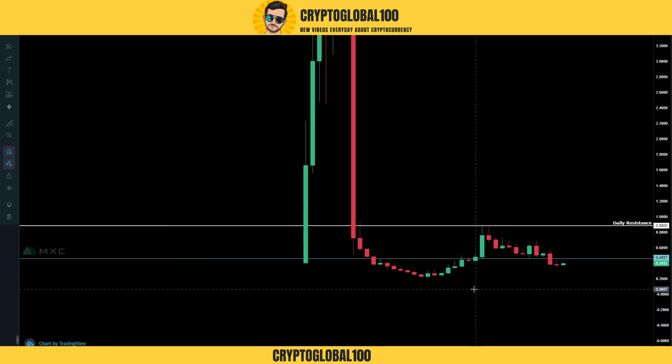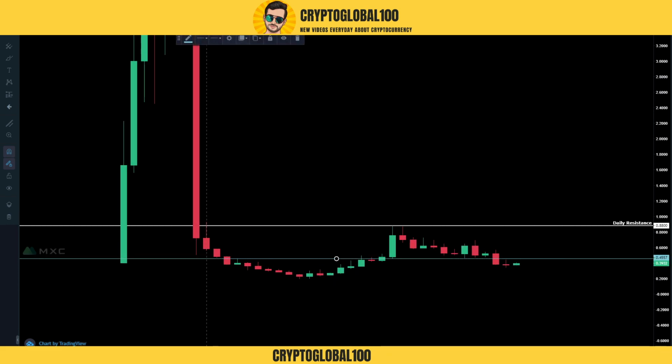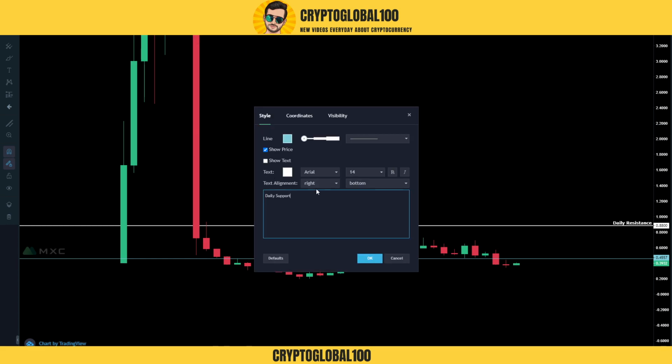Okay, it hasn't saved. I don't know why it has not saved. Why is it not saving? I'm going to make it white, and the text alignment should be on the top, left, center. I don't know why it is not saving. Okay, show text. Okay, that's it. So that's a daily support.